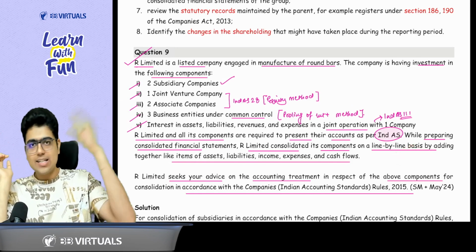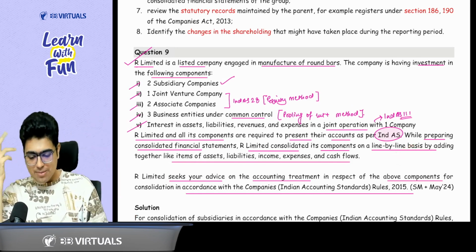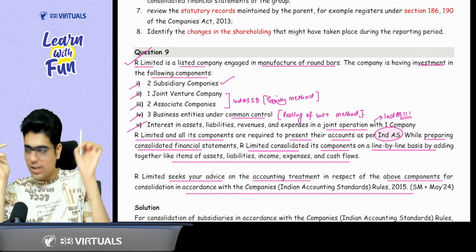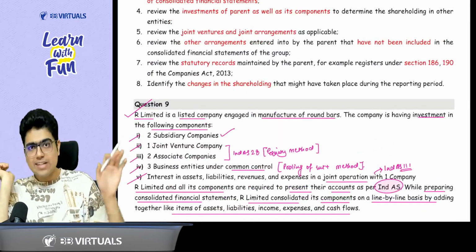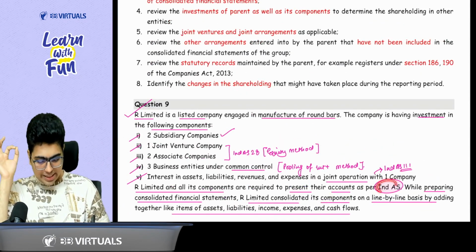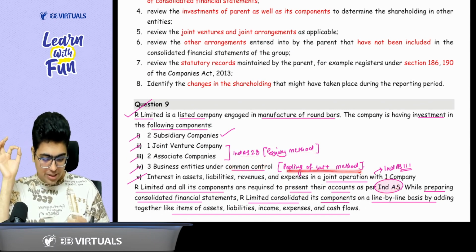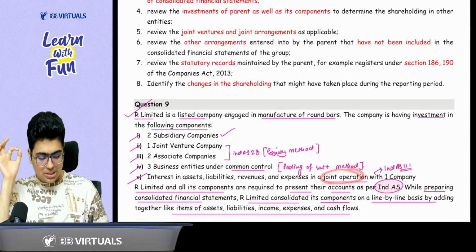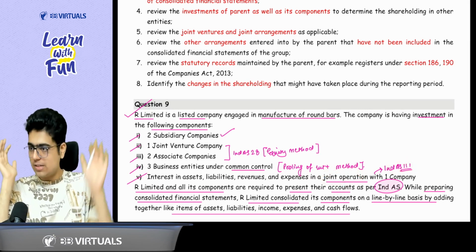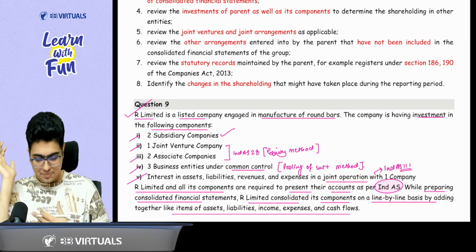So they started adding the items line by line. Line by line basis is applicable for subsidiary, not for others. For joint venture and associate, as per Ind AS, it should have been the equity method. For common control, it should have been the pooling of interest method. For joint operation, Ind AS 111 should have been applied. So this is what you need to write in your answer.